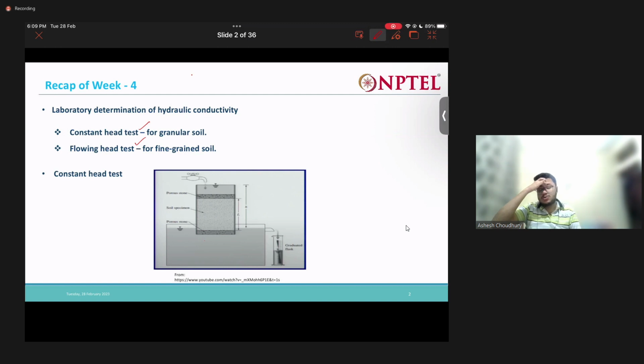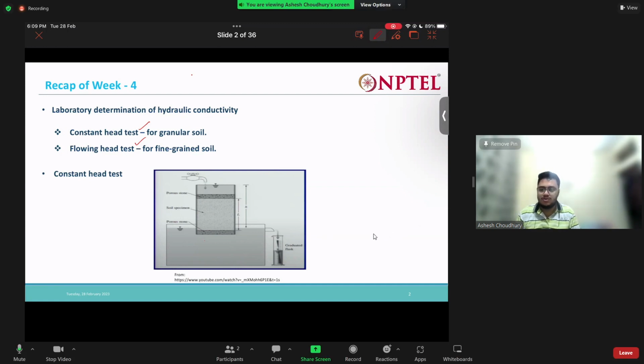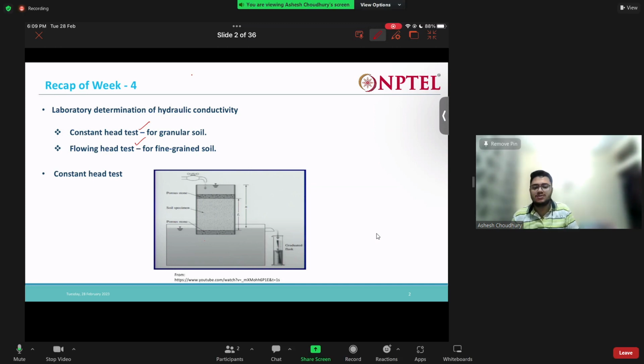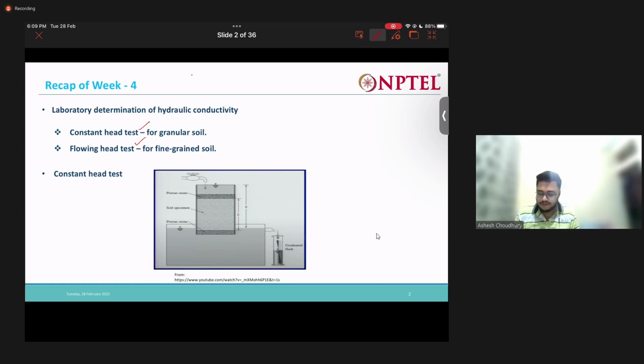The constant head test is used for granular soil, and the falling head test is used for fine grained soil. Why each is used, we will be discussing towards the end of this section, after we discuss the details about these tests.